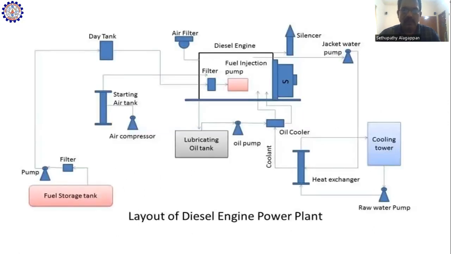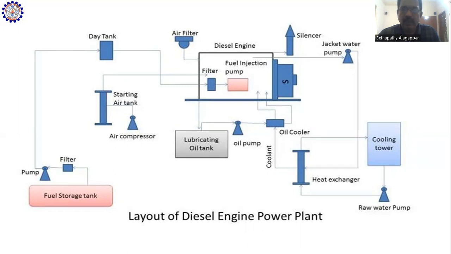So this is the layout of the diesel power plant. You can see the fuel storage area with pump and filter. The fuel is transferred into the day tank, and the air filter is connected to the fuel injection chamber, and the diesel and air mixture is transferred into the engine inside the cylinder.